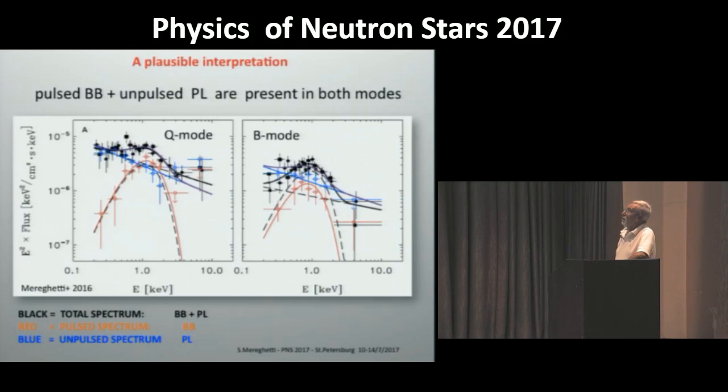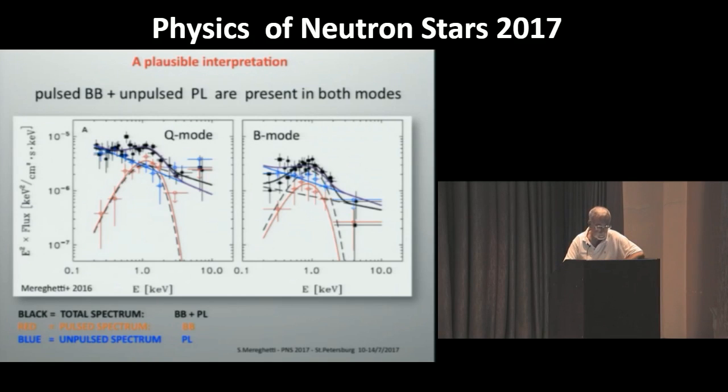The red and the blue components show you the results of the phase resolved analysis, the pulsed and the unpulsed spectra, and their sum is consistent with the total spectrum. So the bottom line is that the most plausible interpretation of this data is that both a pulsed black body and a non-pulsed power law are present in both modes, and both components vary when the pulsar changes state.